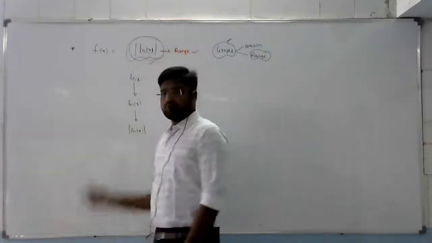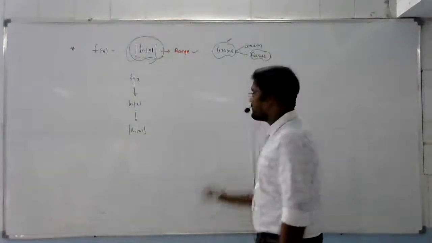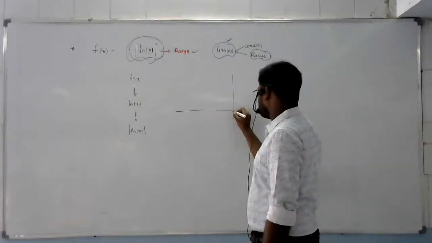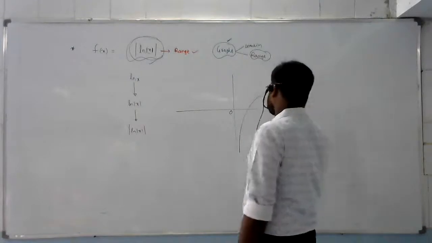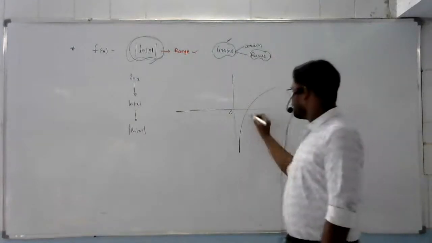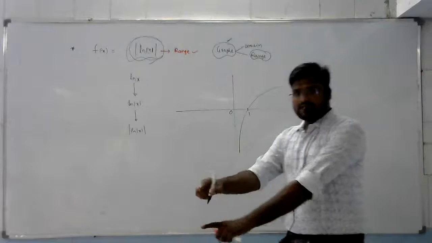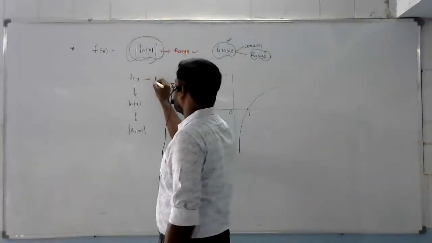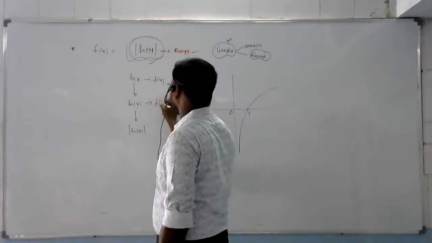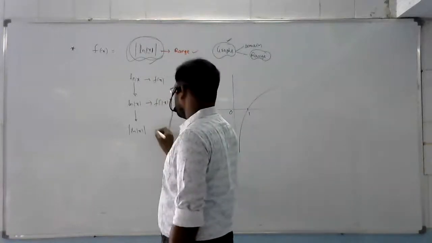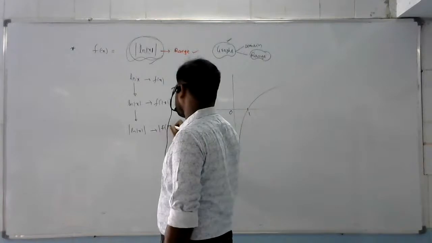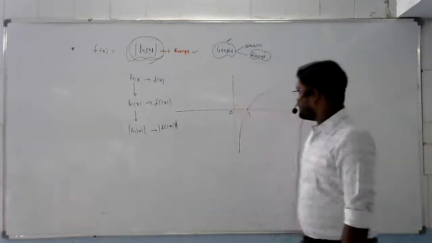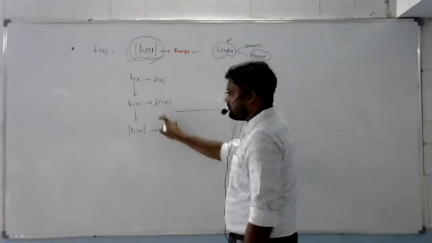We will start with the ln x graph. It will be something like this. Yesterday I told you, if you want to draw ln mod x, it is f of x, this is f of mod x, and this is modulus of f of mod x.